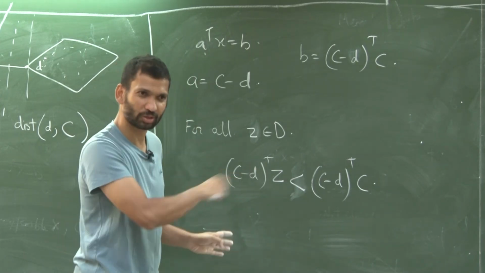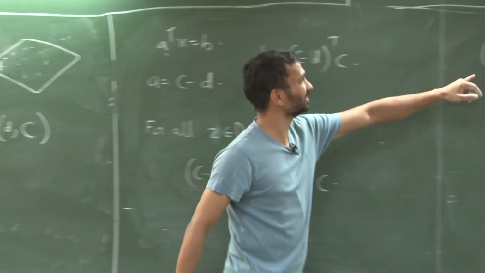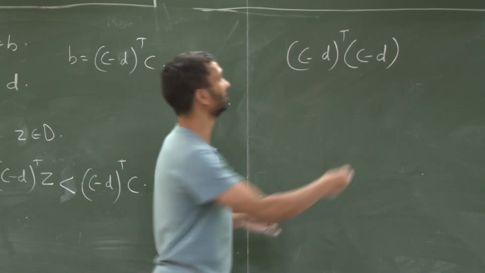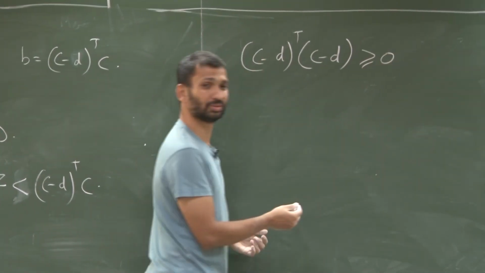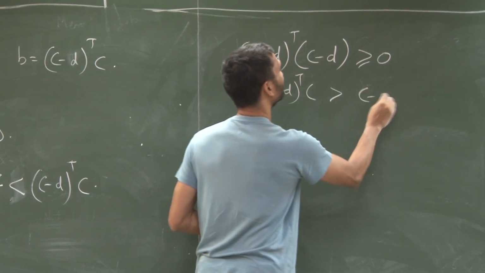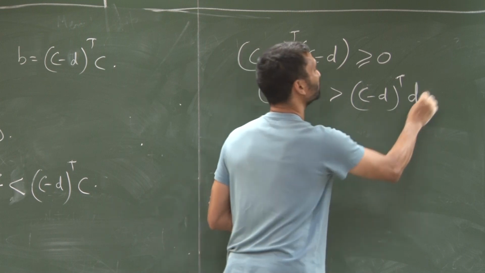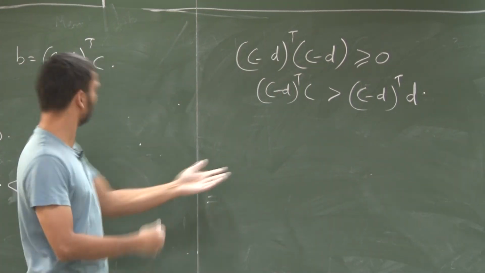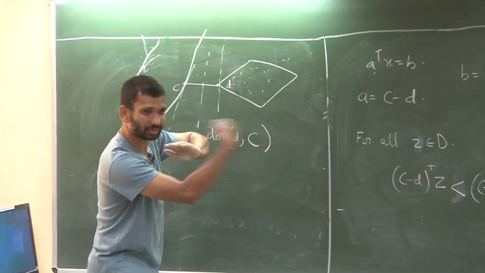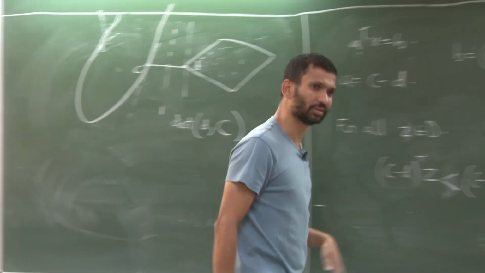Okay. So now you know how to check this, or just decide which side D will lie. This is positive. This is greater than 0. Right? So C minus D transpose C is greater than C minus D transpose D. Okay? So everything on this side has to lie on the less side. Okay?